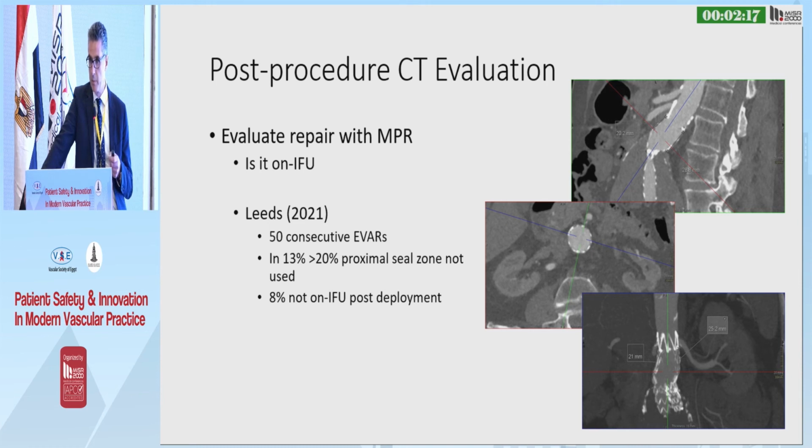What they found in the post-operative 1 month CT is that in 13%, at least 20% of the proximal seal zone had not been used because of low deployment. In fact, that made 8% not on IFU post-deployment. So it's very important to make sure that at least at your 1 month CT, your repair is on IFU after you've done it.